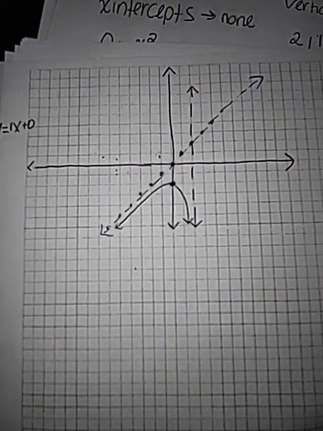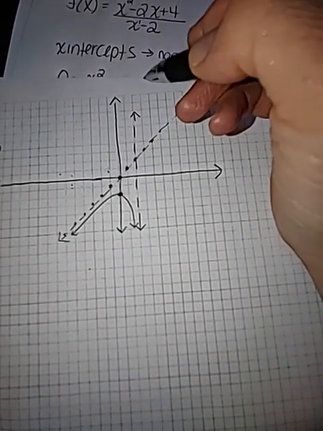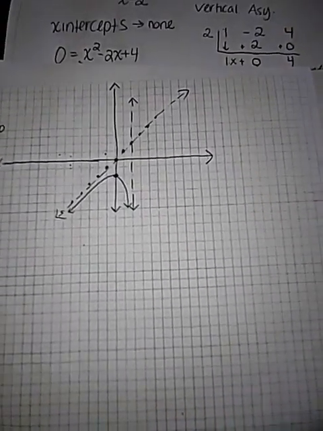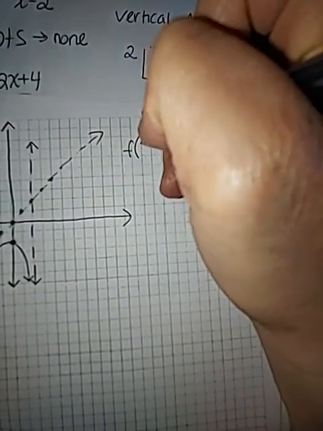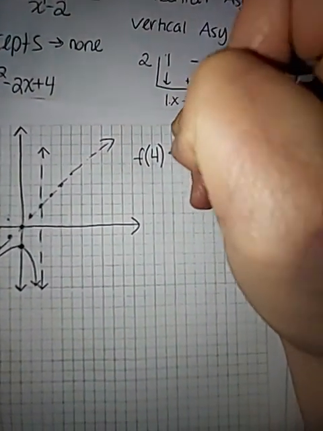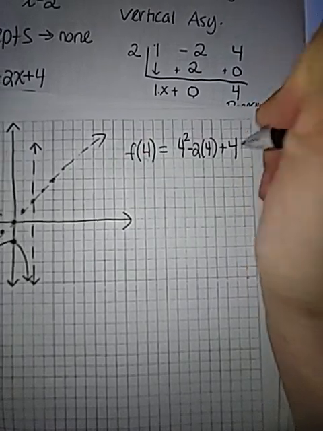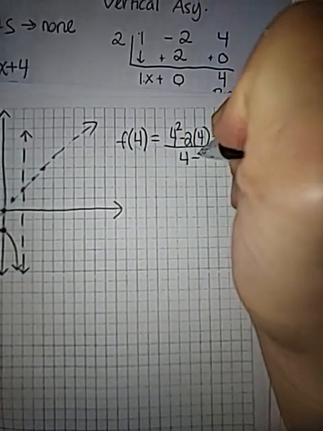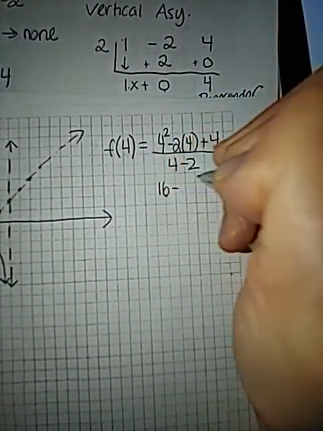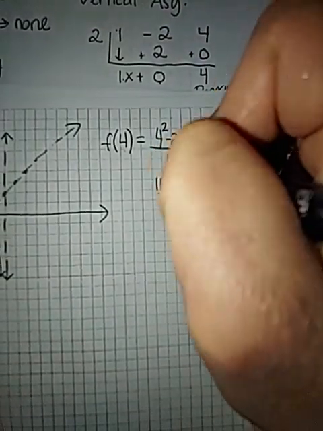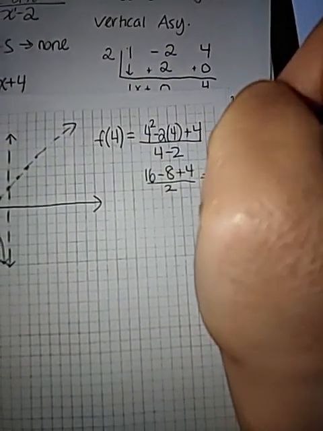Next, from 2 to 4, I have to be decreasing. Now I need to know what point at 4, because 4 was my other critical value. To find where I should plot 4, I'm going to put 4 into the original function. So I have 16 minus 8 plus 4 all over 2. That's 12 over 2, which is 6.